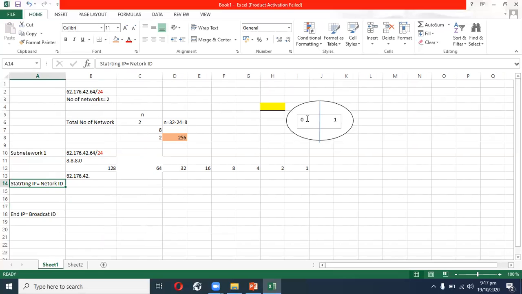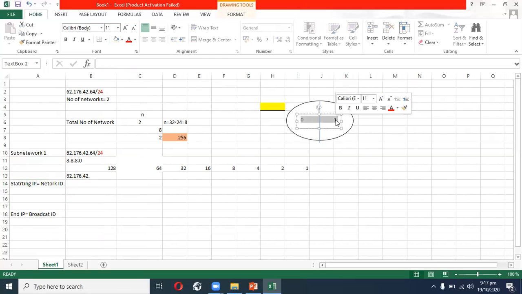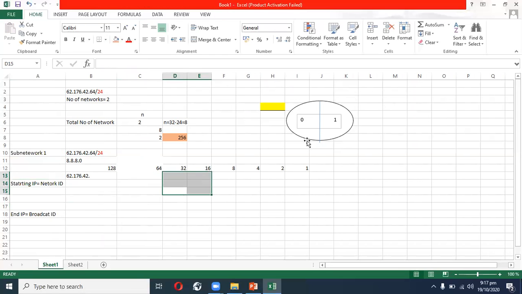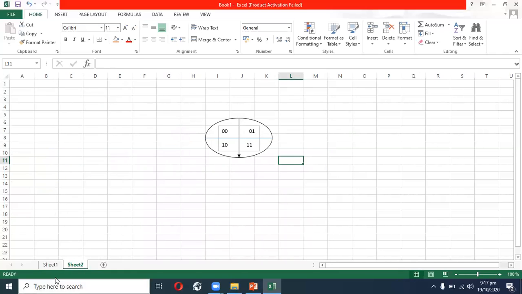When we divide an IP into two subnetworks, the first is 0 and the second is 1. In the second example, I will show you how we can divide into 4 subnetworks. The process is the same.